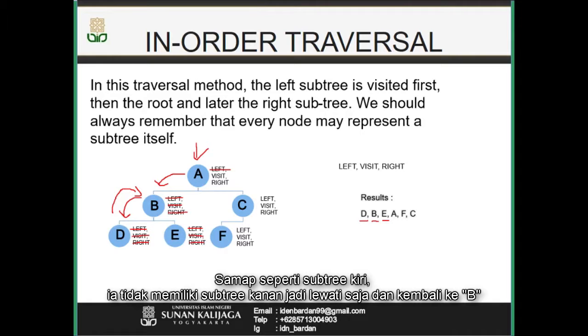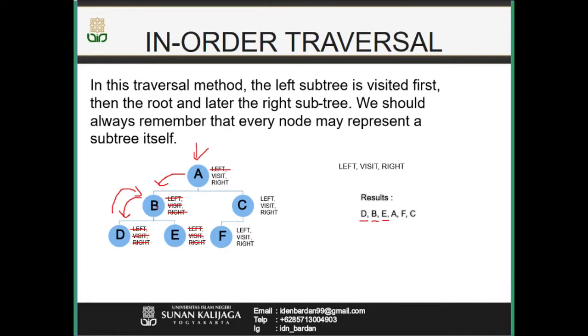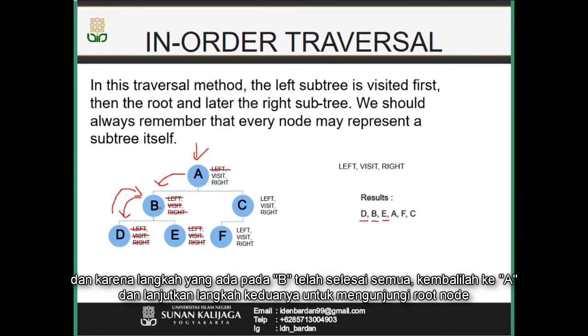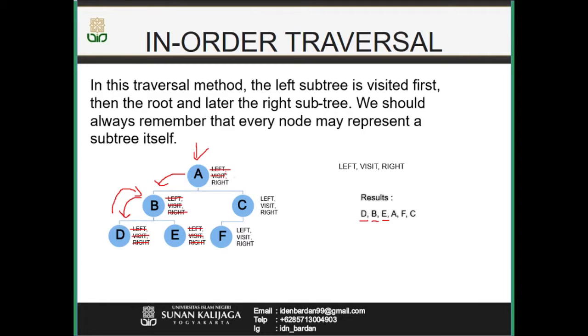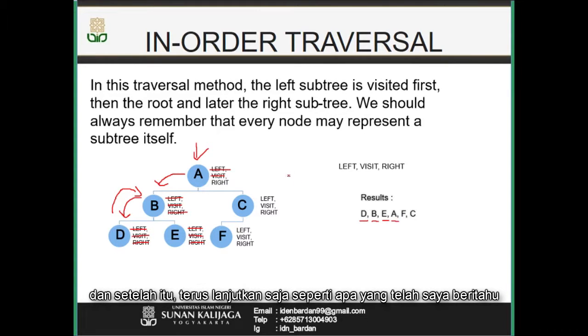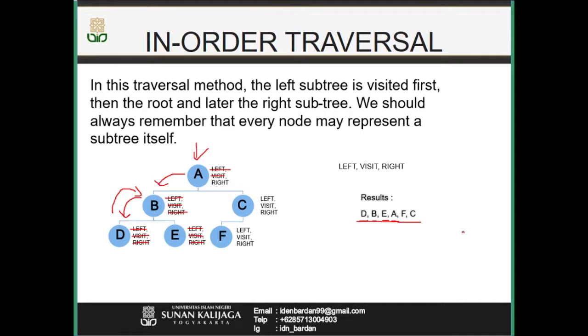Skip this and get back to B, and because on B all the steps are done, get back to A, and then continue with the second step to visit the root node. Then we'll get A. And after that, let's just keep continuing like what I said, so you will get the full result like this.